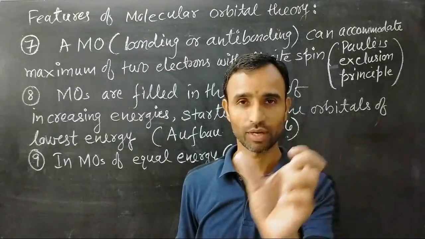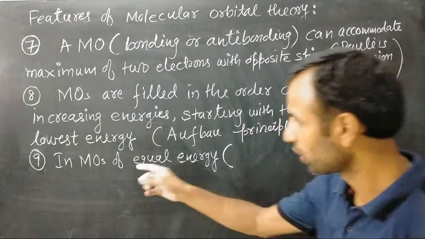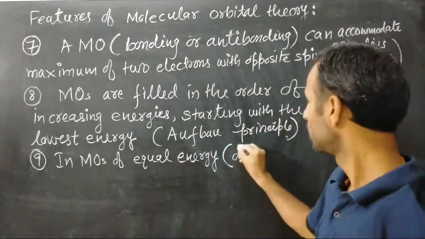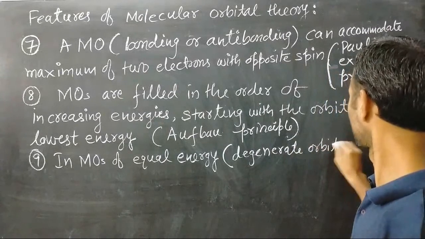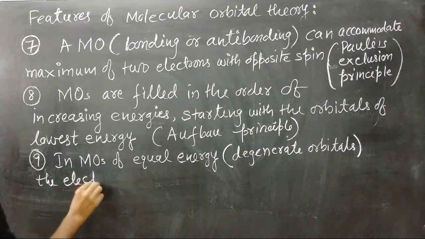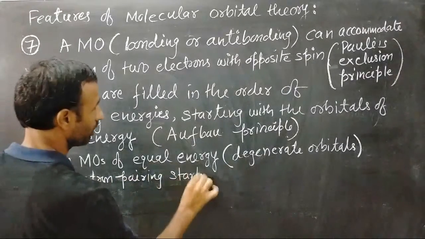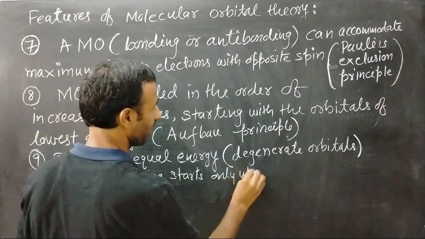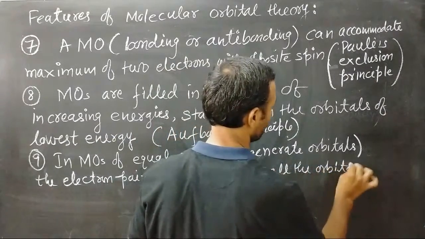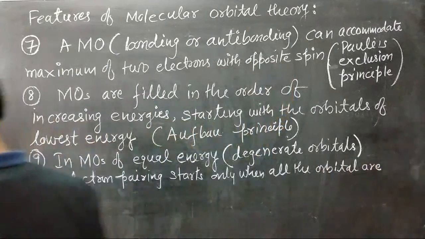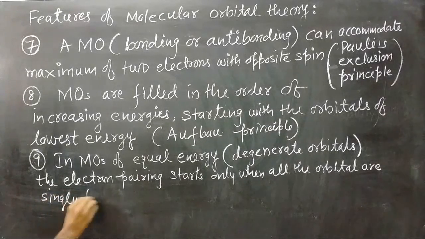So, in molecular orbitals of equal energy, that is degenerate orbitals, electron pairing starts only when all the orbitals are singly filled.